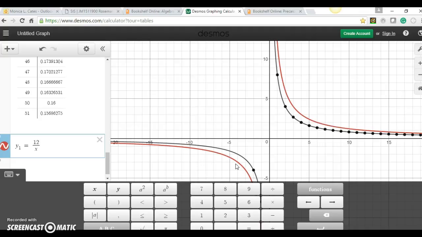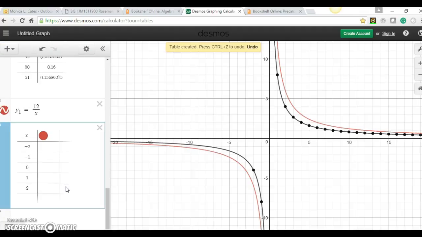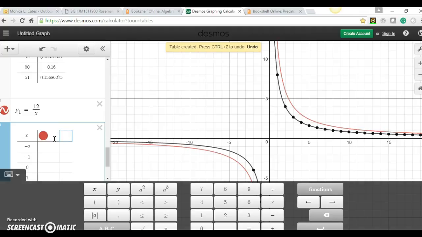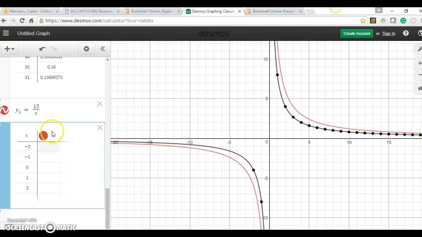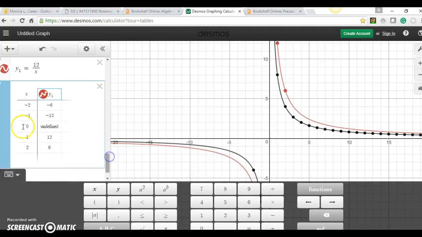And we can make a chart again. And again, we see 0 is undefined.